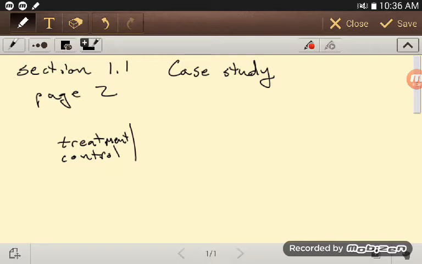So here I'm going to go with procedure type. That's my variable, and that variable is categorical. It has two levels. They either did the treatment, the stent treatment, or they didn't.